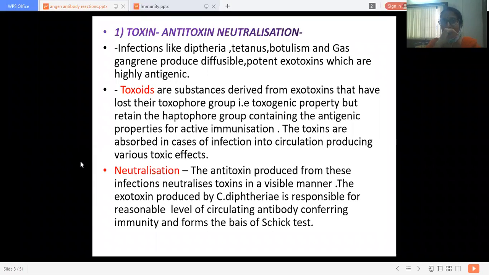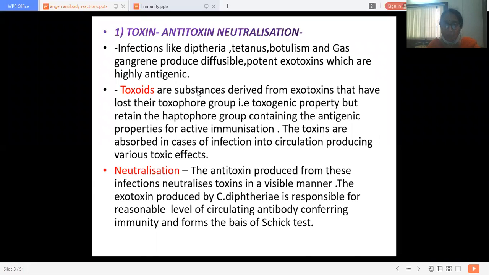Now infections like diphtheria, tetanus, botulism and gas gangrene produce diffusible, potent exotoxins which are highly antigenic. We discussed the parts of an antigen that are antigenic: their discharges, their flagella, their cytoplasm, their cell covering, or any part of that particular antigen having antigenic properties.